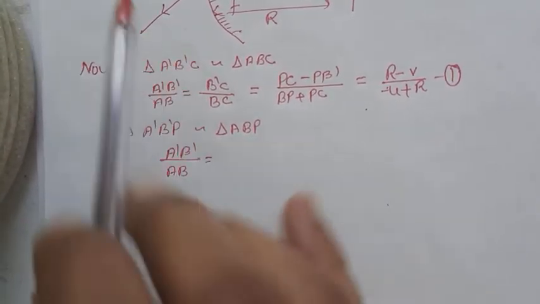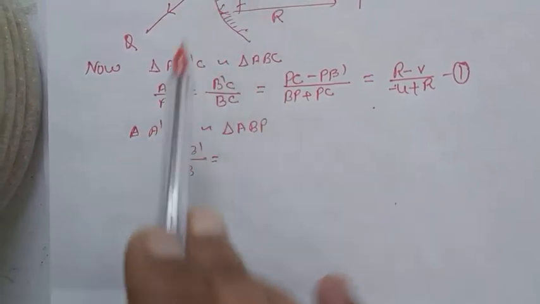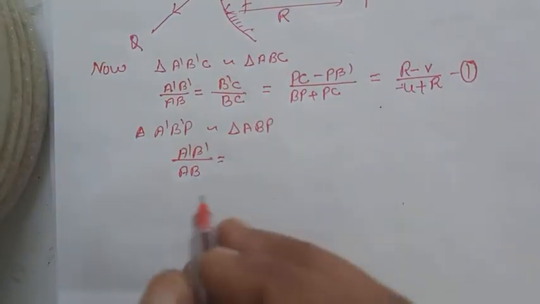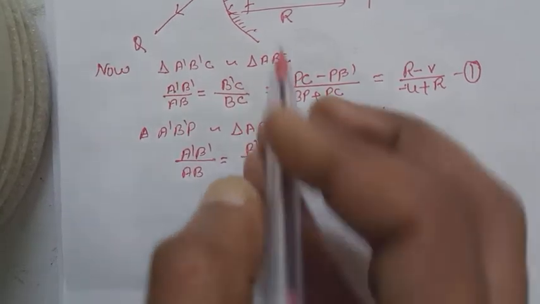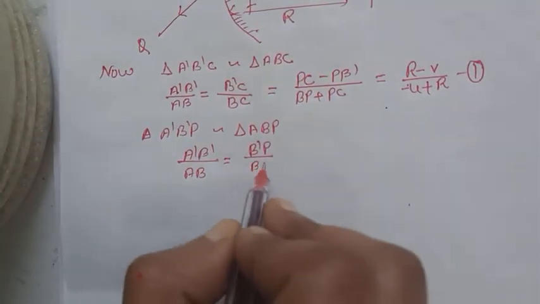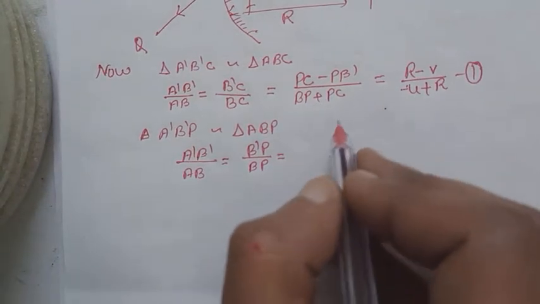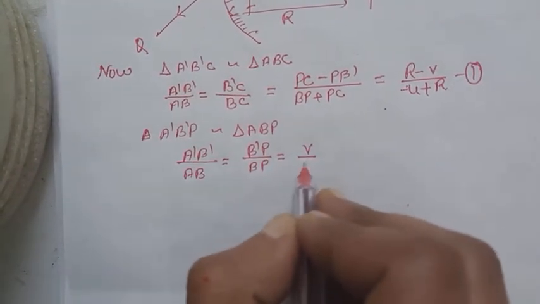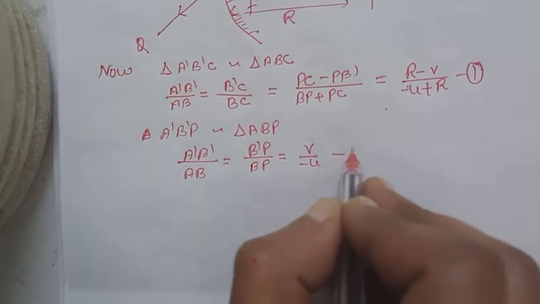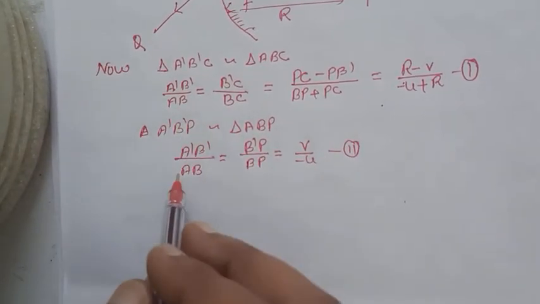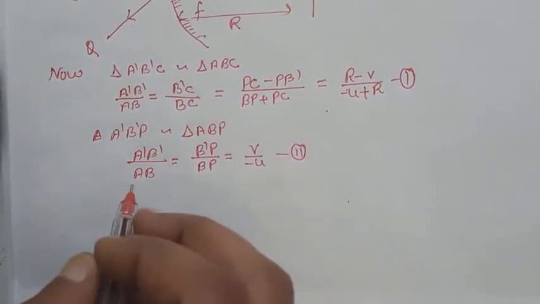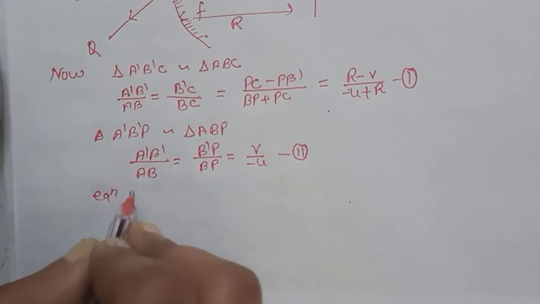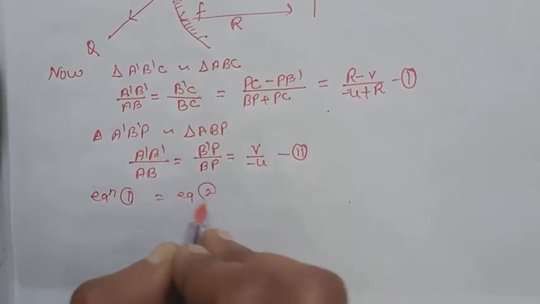Join this, and the triangle will be complete. Now A dash B dash in terms of B dash P base, and in terms of triangle ABP the base is BP. Writing in coordinate terms, B dash P equals image distance V and BP equals object distance. Equation number 2. Both equations show the ratio of their heights. Then equation number 1 equals equation number 2.